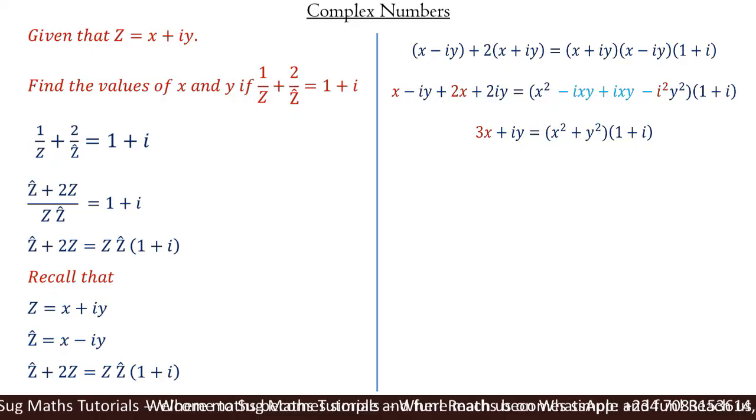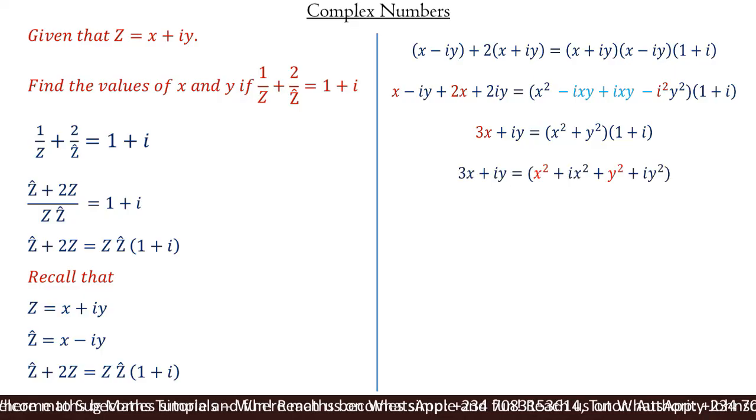Now let's go again. We know we have 3x plus iy is equal to, here on our right hand side, two brackets now. Let's open the brackets again. So x squared in the first bracket multiplied by 1 in the second bracket, we're going to have x squared.